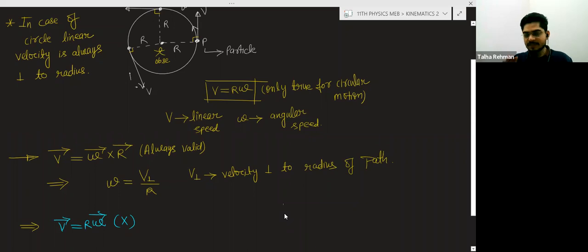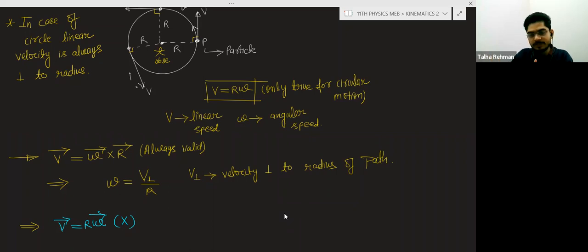So we are just discussing the velocity only, not the acceleration. I will discuss that after the velocity. We are discussing what is the velocity in the circular motion. In a circular motion, one is the linear velocity. If the motion is circular, the linear velocity at different points will be different.